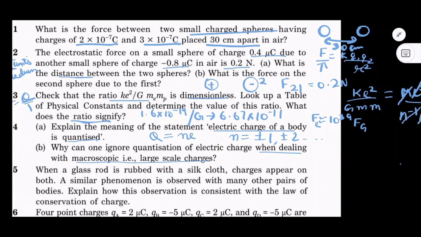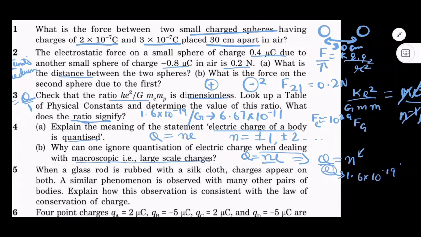We know this formula, Q equals Ne, and since we are dealing with a macroscopic, large number of charges, let the number of charges be of the order of 10 raised to power 20, 30. So we have the expression Q upon e equals N, where N is a very large number, while e is of the order of 1.6 into 10 raised to power minus 19. So this will be a very small value. That's why we can ignore it. So this was the mathematical meaning.